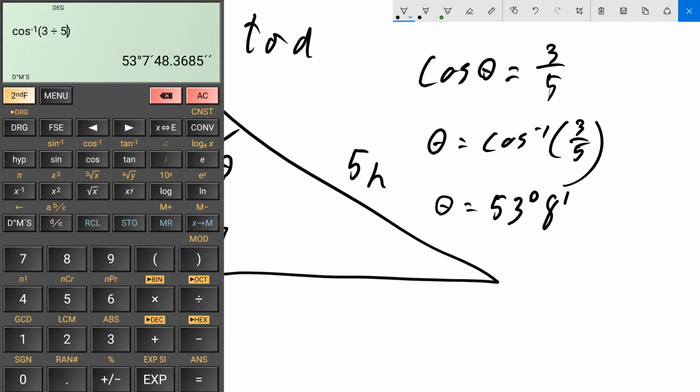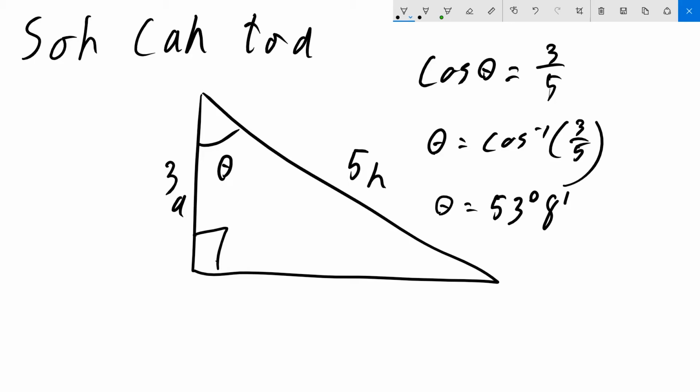Now the reason why I rounded it to 8 minutes is because looking at the seconds, it's grouped in 60s. So just like actual minutes and seconds, there's 60 seconds in a minute, and there's 60 minutes in a degree.